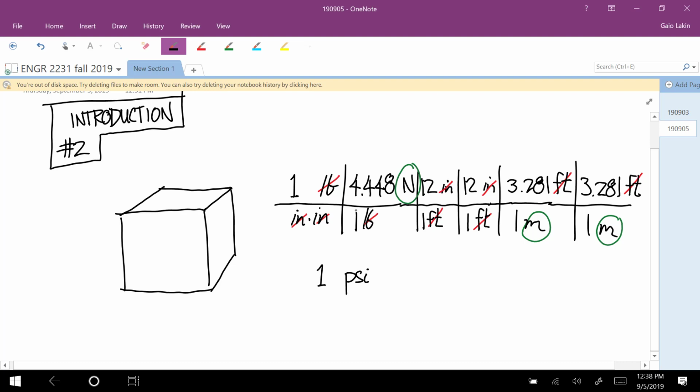Can someone multiply these numbers all out? 4.448 times 12 times 12 times 3.281 times 3.281. Let's get a couple people to do it, and then we can get a verification.